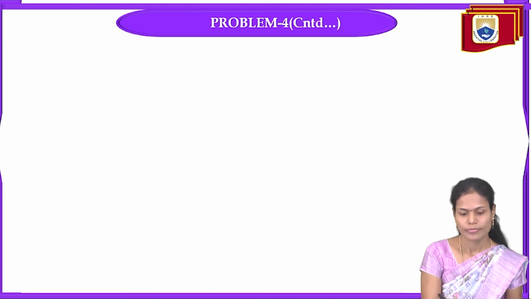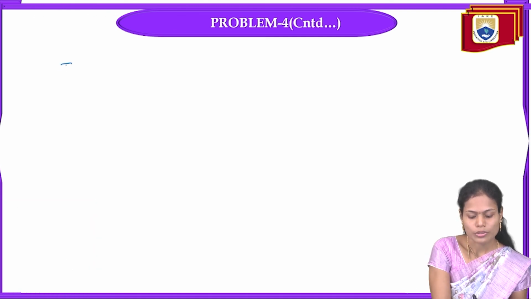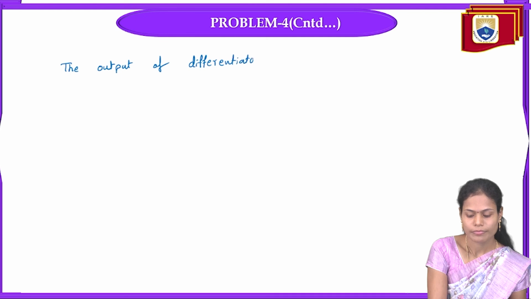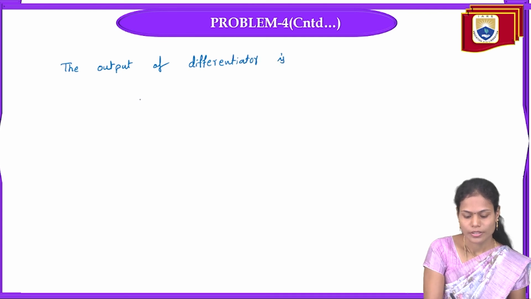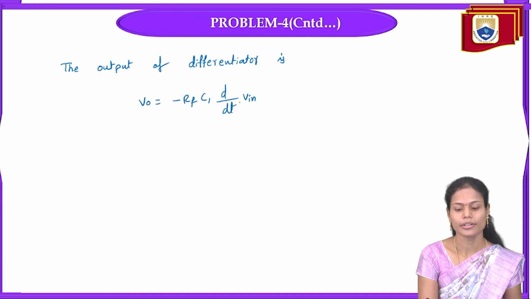So for that, I am taking the output of the practical differentiator now. V0 is equal to minus RF C1 d by dt of V applied input signal.